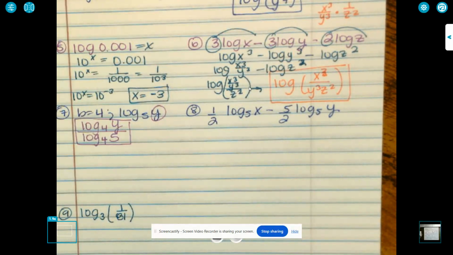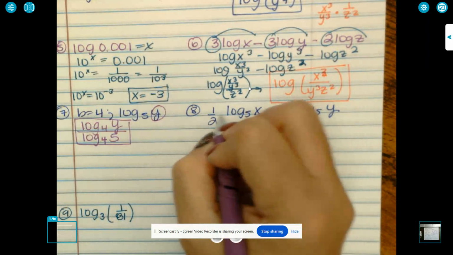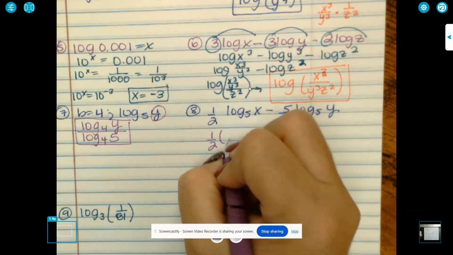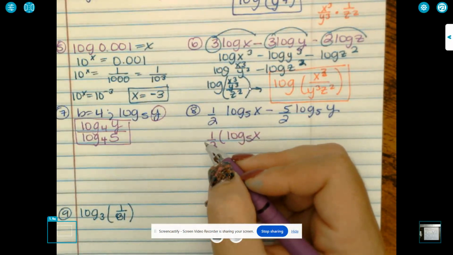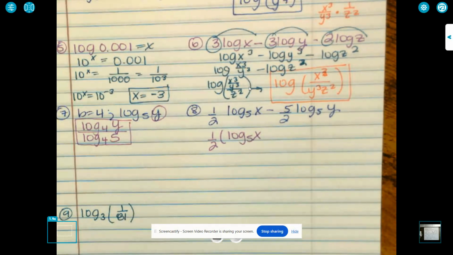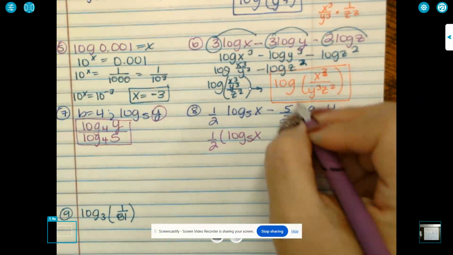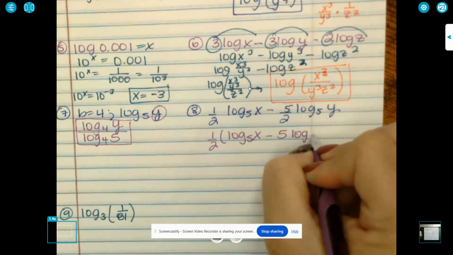Okay, so what we want to try to do here is factor out that 1/2 first. So if I factor out a 1/2 from the log 5x, I'm left with the log 5x. So if I pull that 1/2 out, that gets me there. Okay? And then if I factor out a 1/2 from the second term, I'm just left with the 5.